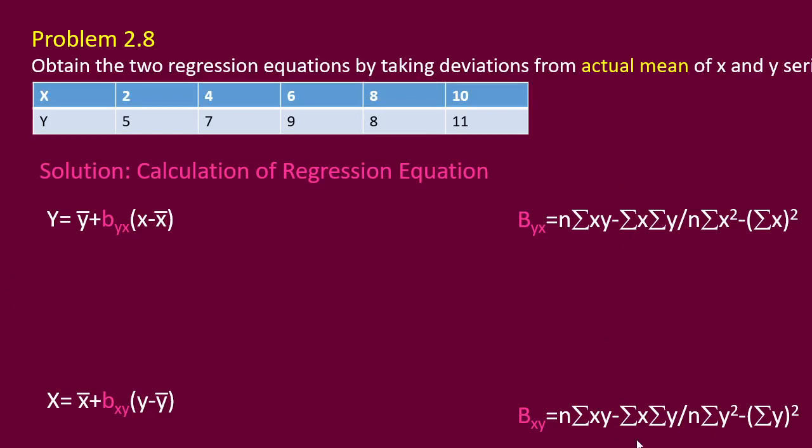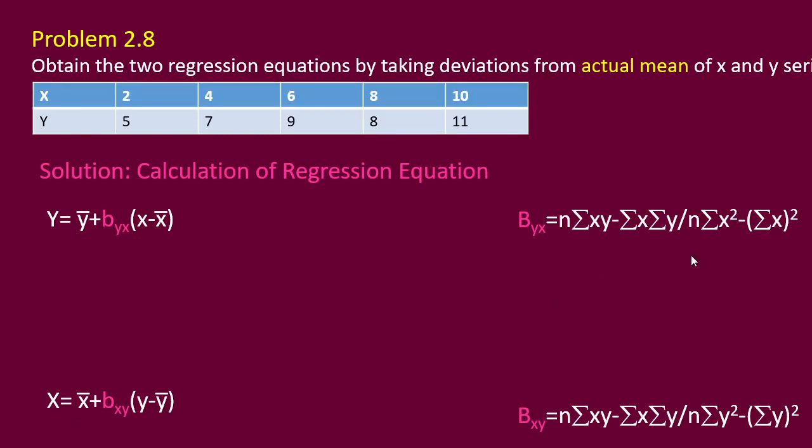So you can observe here, as far as regression coefficients, either byx or bxy, we need to find n into summation xy, summation x and summation y, and summation x square, and summation x whole square.